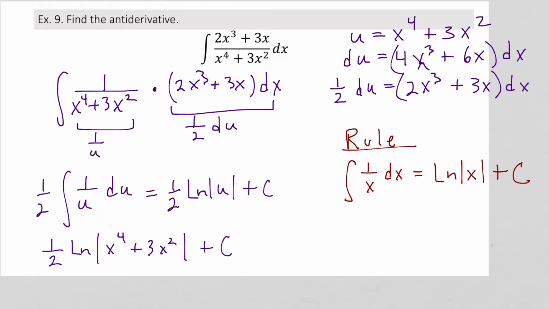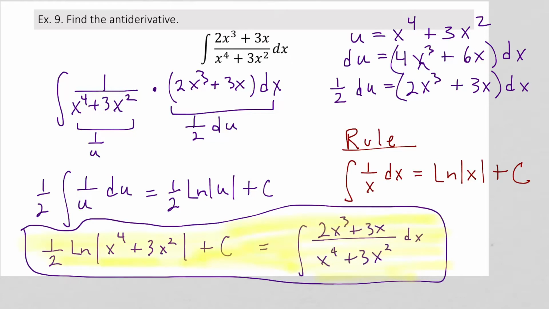So these could be parentheses as well. But we'll just leave the bars in there. So that's equal to the integral of our original rational looking function here, right? All right, using u substitution and what we know about integrating 1 over x dx, our rule.